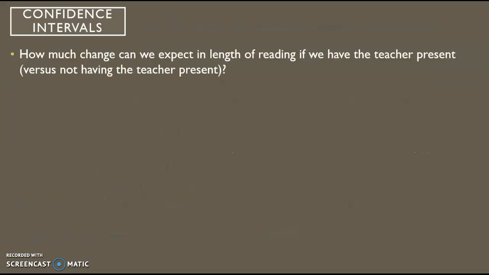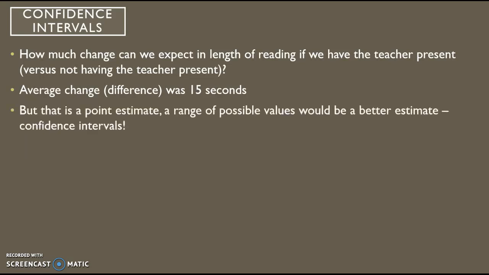Now we can do our confidence intervals. When we want to tell somebody, well, how much of time can we expect kids to read longer when the teacher is present? Well, we did find it was 15 seconds, but remember that's a point estimate, and you're much better off going with a range.